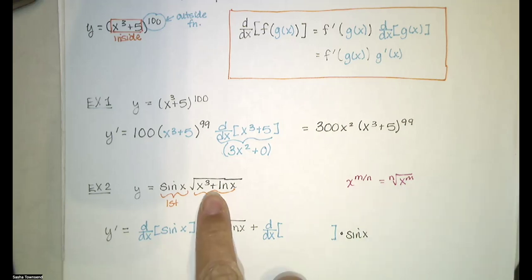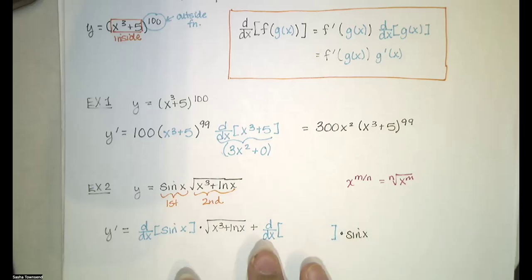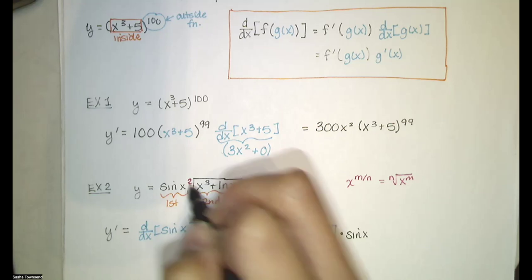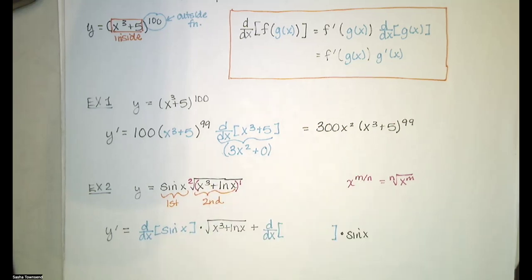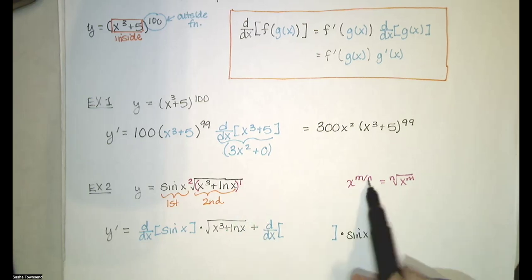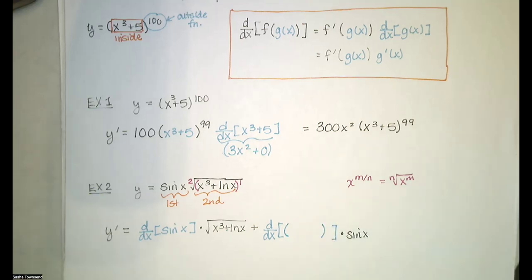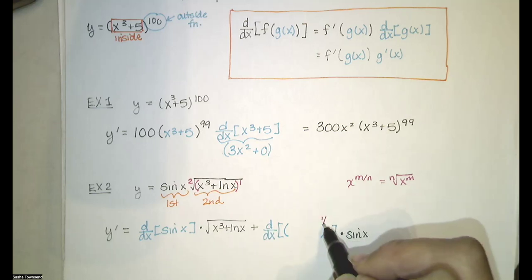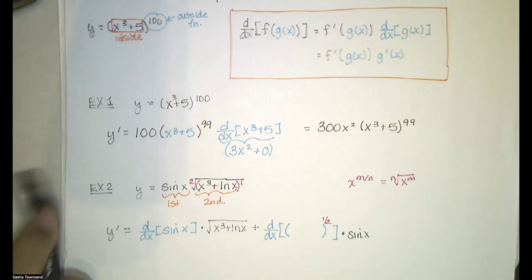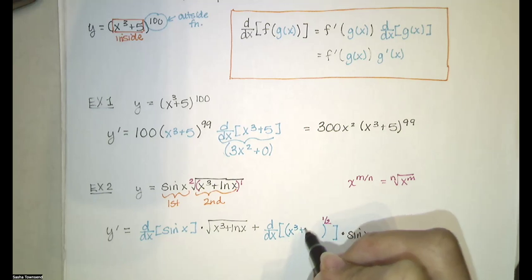We want to write this radical expression with a rational exponent instead, so that we can apply our power rule. Now, with the square root, the 2 is implied, and we've got all of that raised to the first power. So the m is just 1 and the n is 2. So taking a square root of some expression is actually writing that expression to the 1/2 power. This is the 1/2 power. And the inside function there is x cubed plus natural log of x.